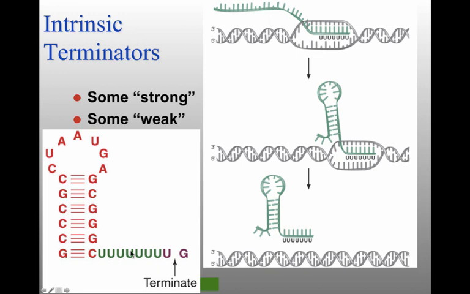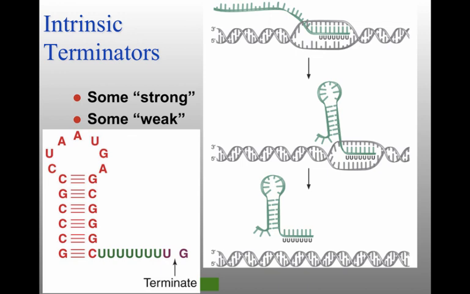And this structure, if you remember that hole that the RNA is going through in the RNA polymerase, well, if you form this double-stranded structure, that can't fit through that hole anymore. And so basically, if you make these double strands, you're going to start to try and pull the RNA off of that DNA template.